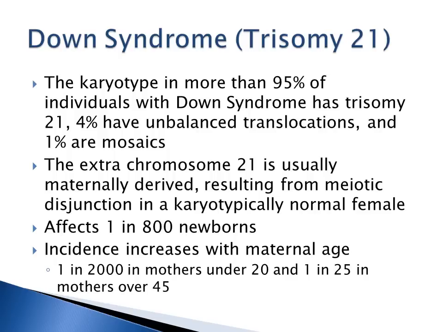So this female does not have an extra chromosome or anything like that. It affects 1 in 800 newborns, and the incidence increases with maternal age. The incidence is 1 in 2,000 in mothers under 20 years of age. However, the incidence increases to 1 in 25 in mothers over 45 years of age.